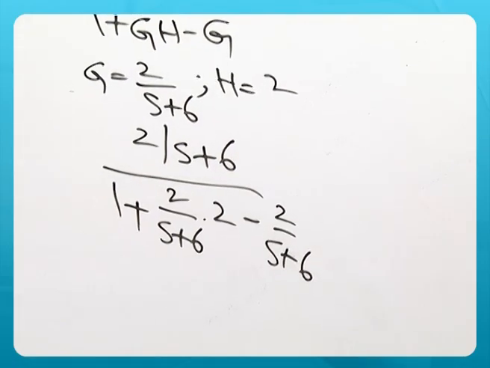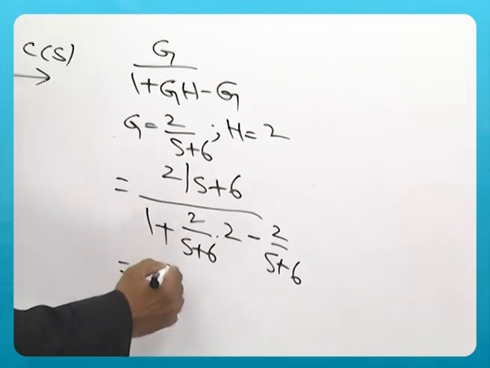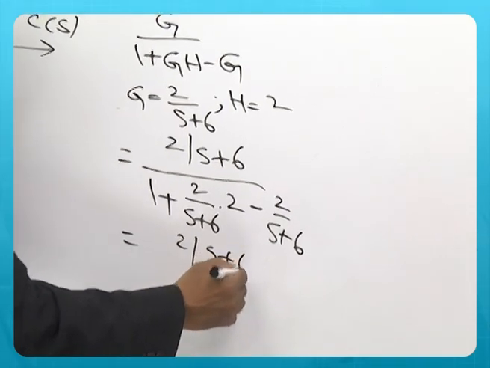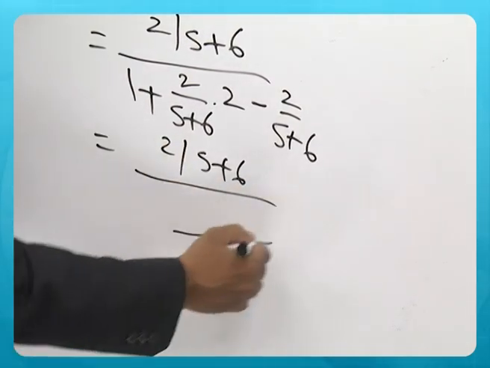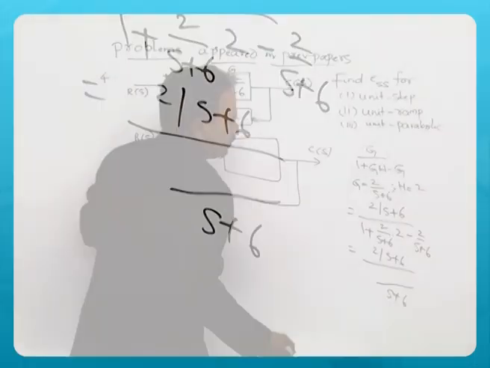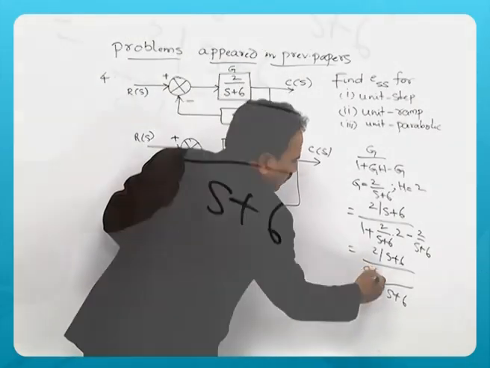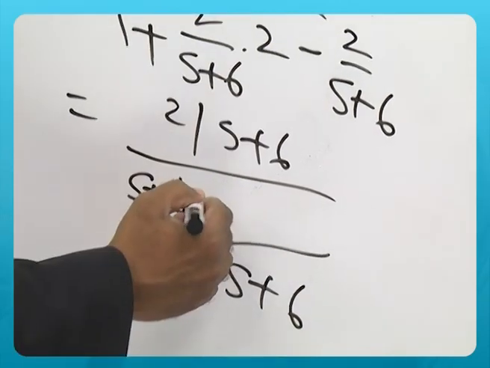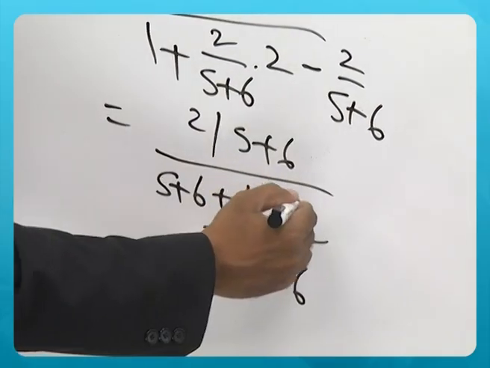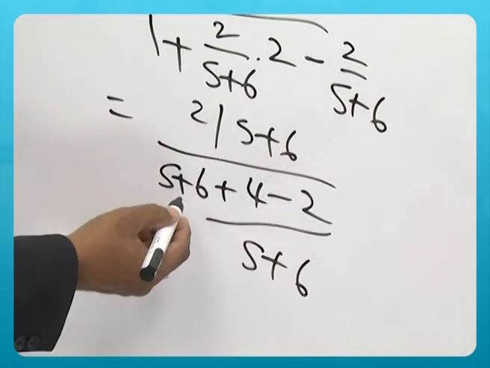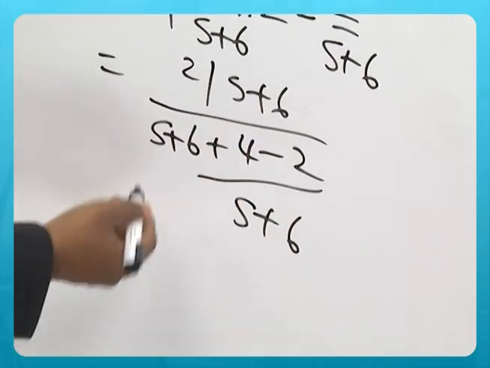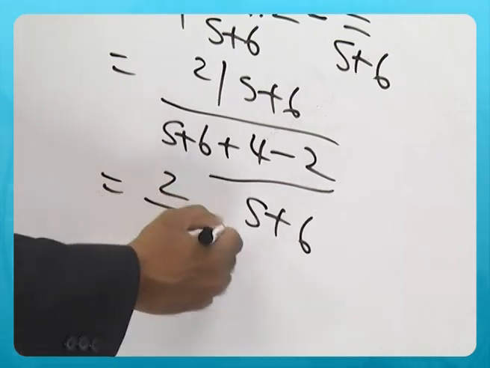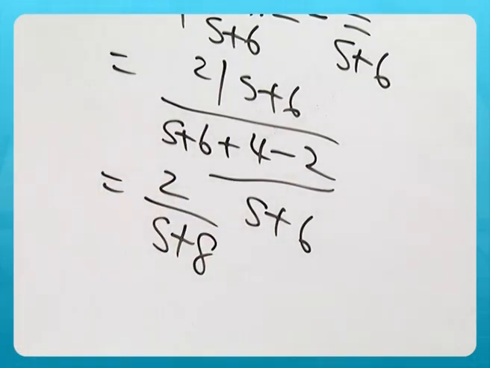When you try to simplify this, 2 by S plus 6, then the S plus 6 is the LCM and that comes in the numerator. This is 4, then minus 2. So, 4 plus 6 is 10 and then minus 2 is 8. So, this will be 2 by s plus 8.